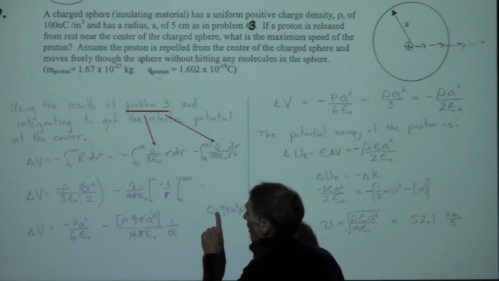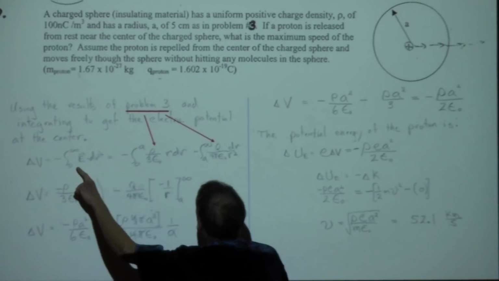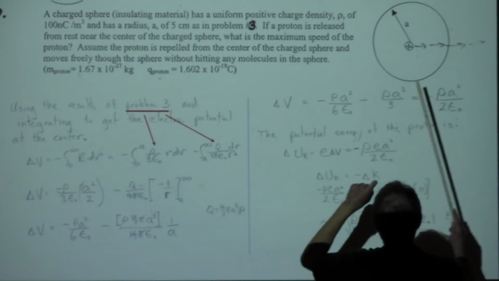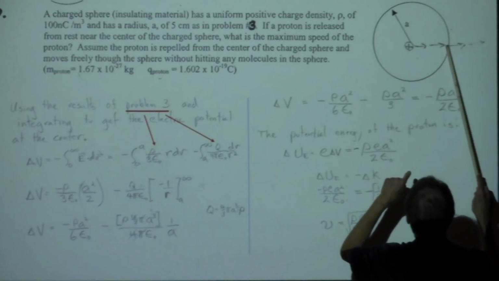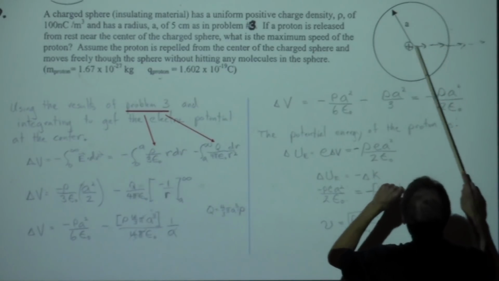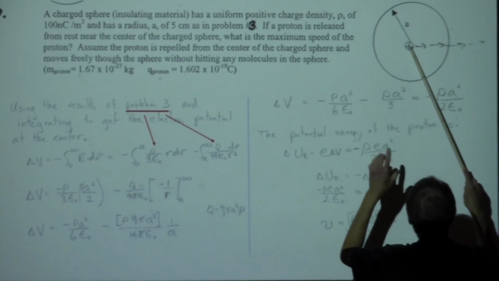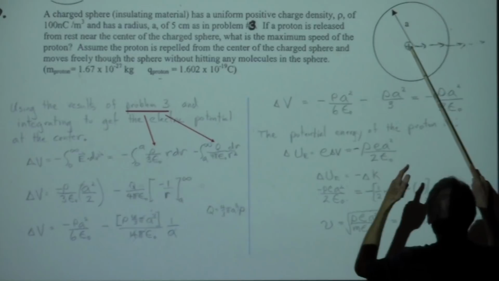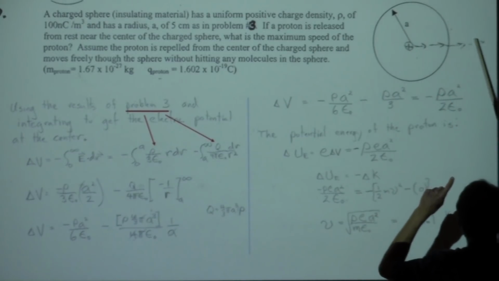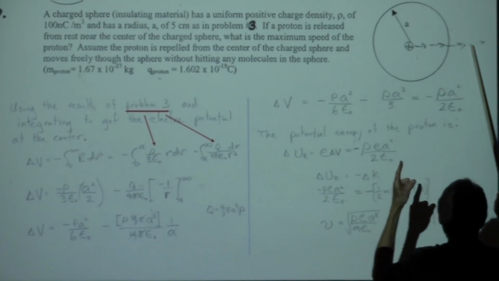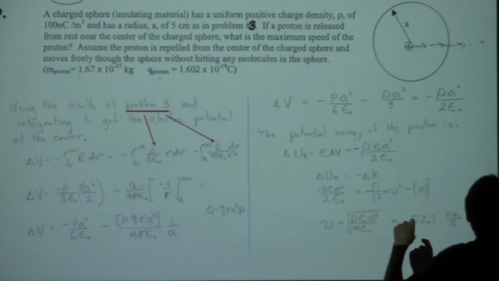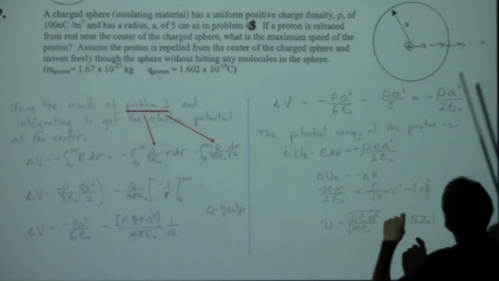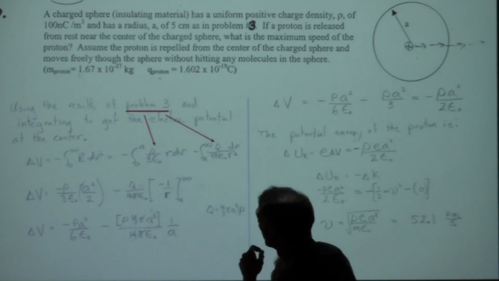As it takes off and goes out, it's feeling an electric force that's increasing as we go out, and then when it gets outside, the electric field is still driving it all the way out to infinity, but falling off with the inverse square.